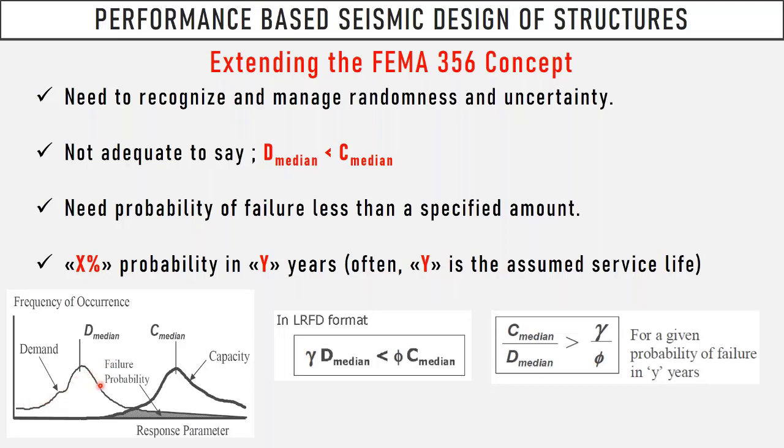They have a distribution. In some cases, demand may be low. In some cases, it may be higher. Again, in terms of capacity, you have the same situation. There is a probability of failure that this cannot be achieved. And what is that probability? What is the probability of failure less than a specified amount?